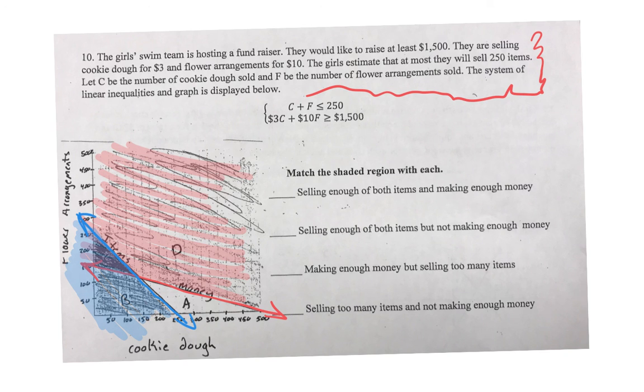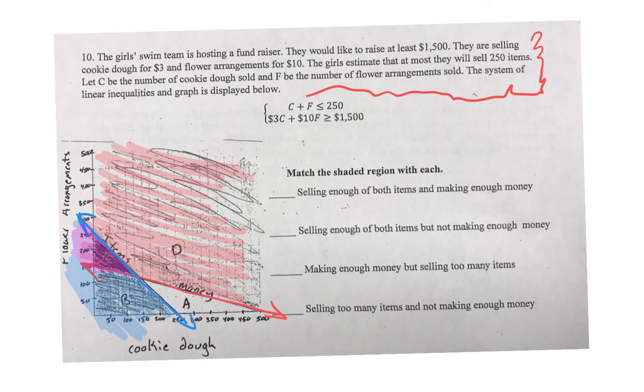The blue area means selling less items before I run out of items. And the overlapping area, the most important area, represents satisfying both of those, making all the money I need to make and selling the amount of items that I'm supposed to sell.